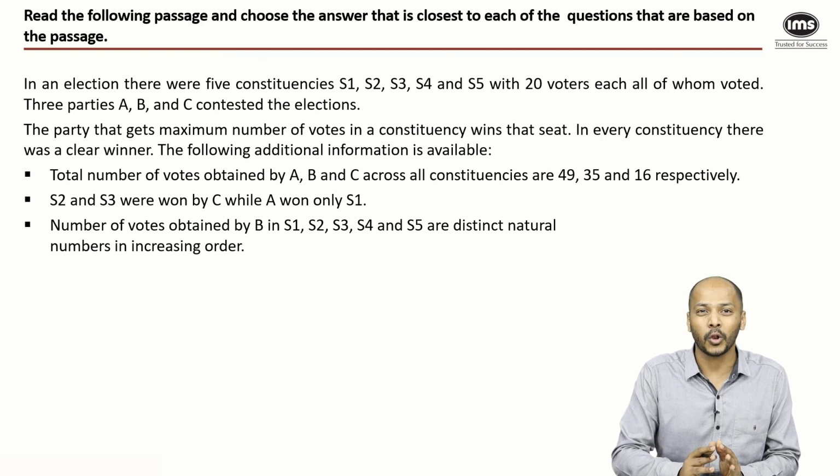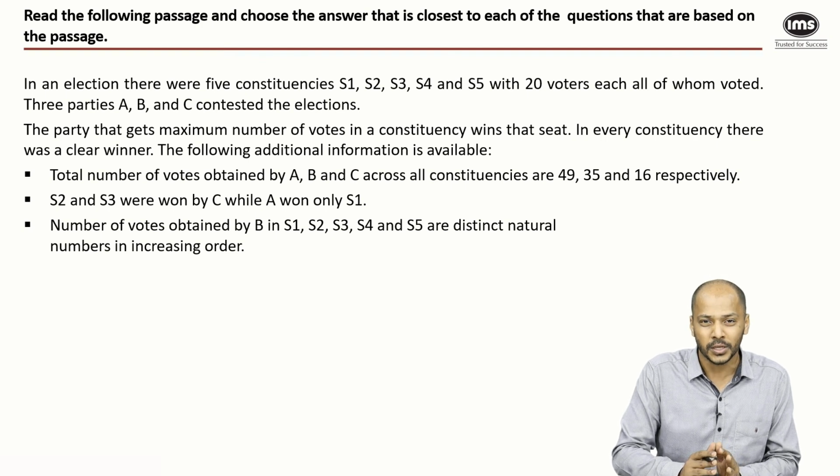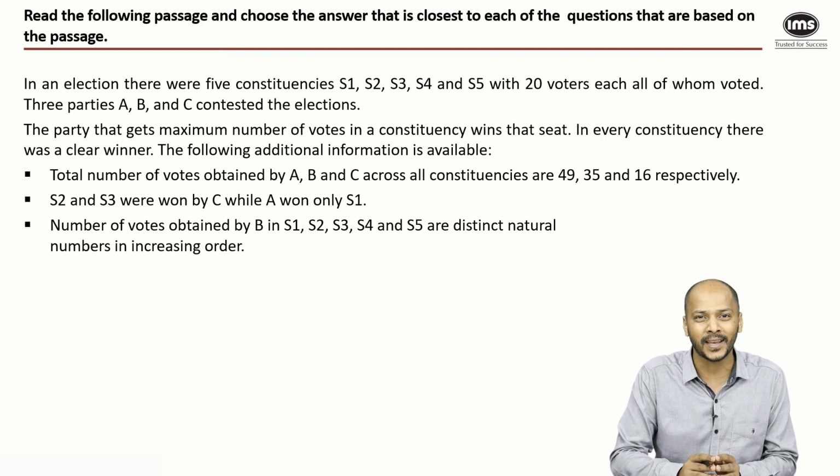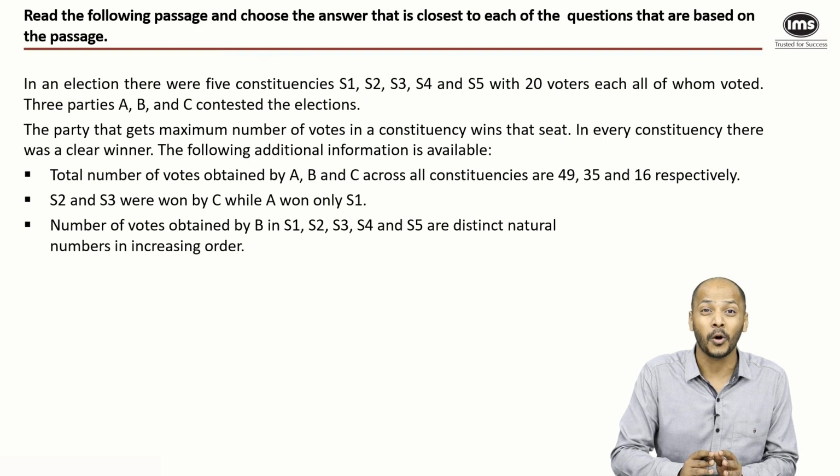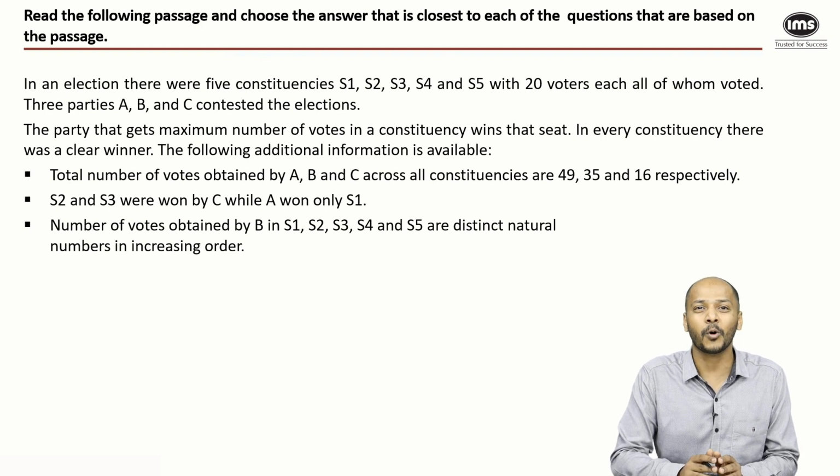Therefore, it is advisable that you at least give 2 or 3 minutes to first understand what the data is, and only then take a decision whether to leave the question or come to it later. Otherwise, in most cases, it should be attempted. So let's see what was the case in the 2024 paper.